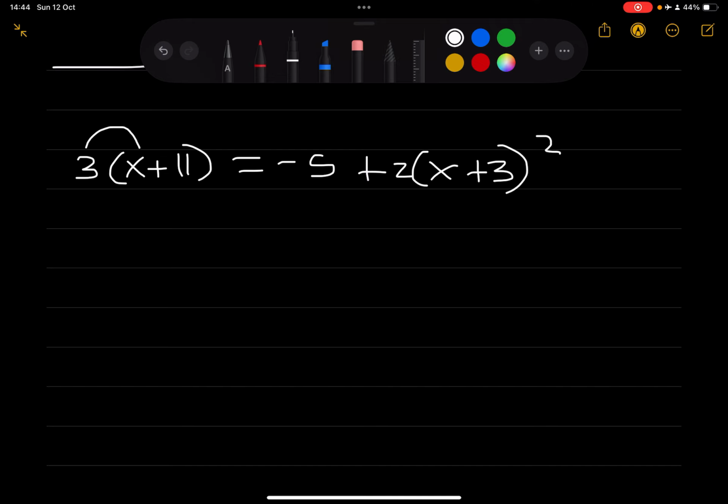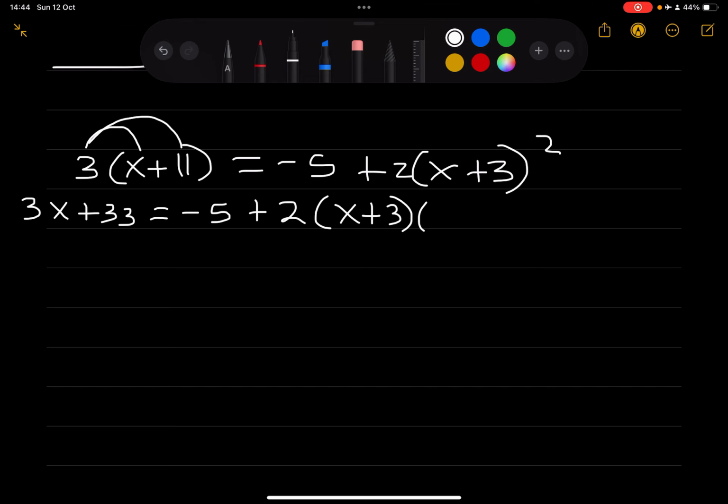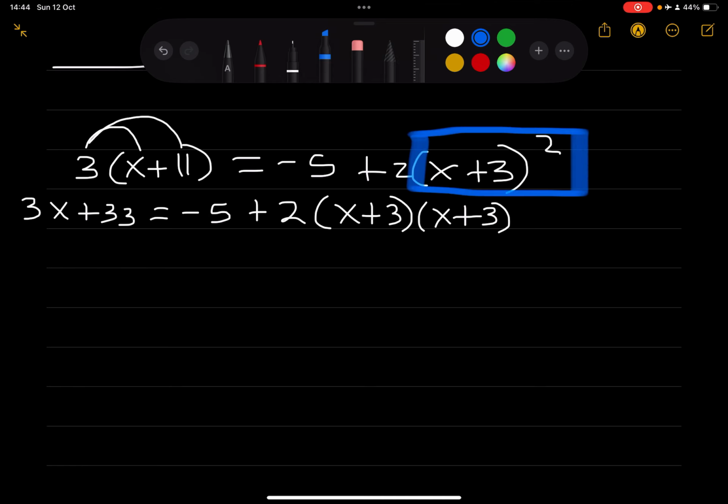I'll multiply the 3 into both terms in the bracket, so here I'll have 3x plus 33 equals minus 5 plus 2. Here I'm going to have x plus 3 and another x plus 3, because of the square. The square just means we repeat the bracket twice.